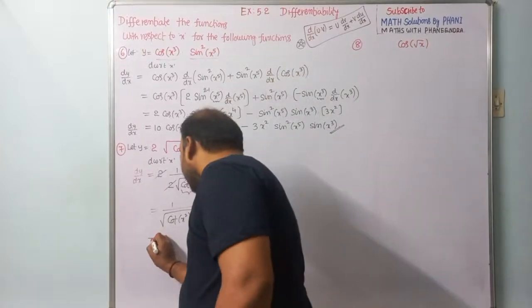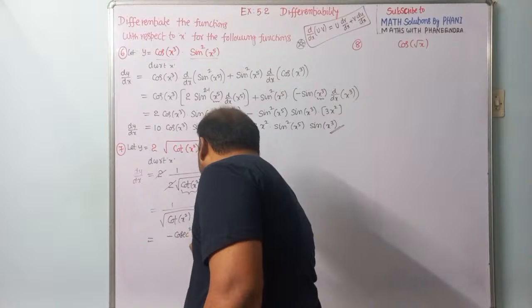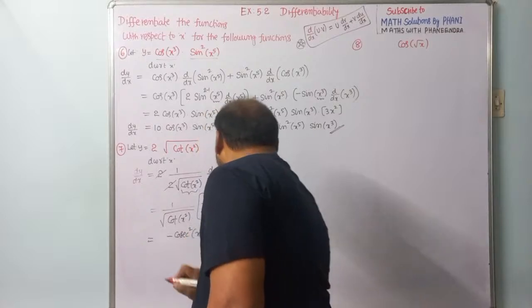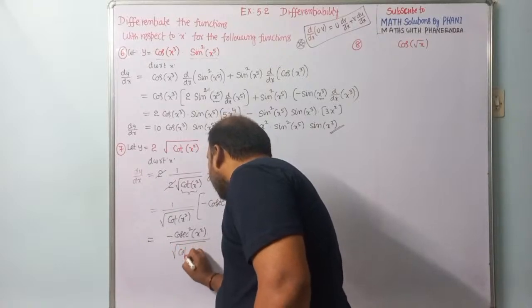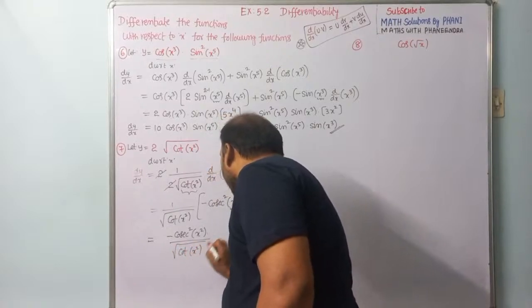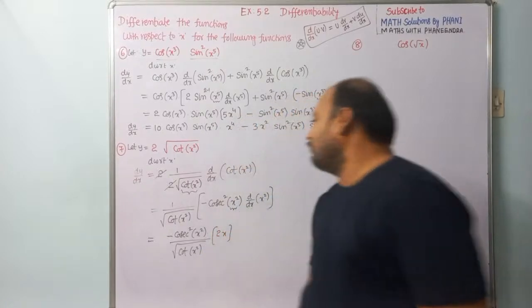So this is equal to minus cosecant square of x square divided by root of cot x square, times d by dx of x square, which is 2x.